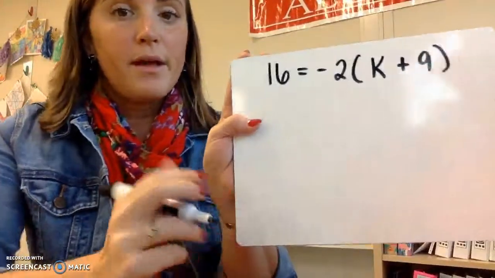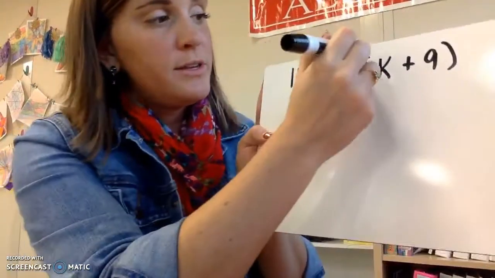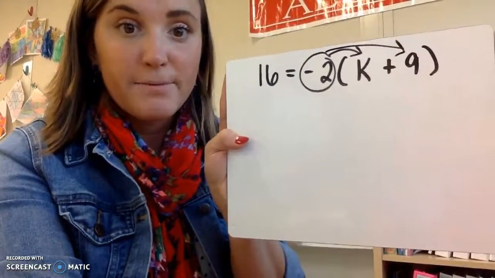All right, going across to number 6. 16 equals negative 2, parentheses, k plus 9. All right, so distributive is the first thing that I should do. So negative 2 is going to be multiplied through to both things inside the parentheses.